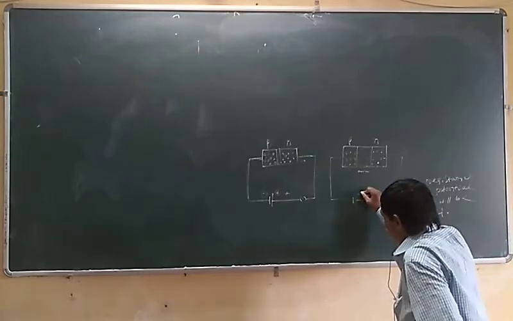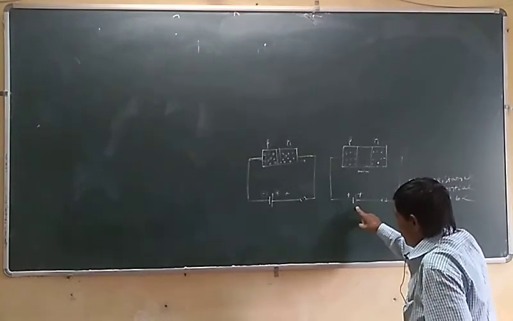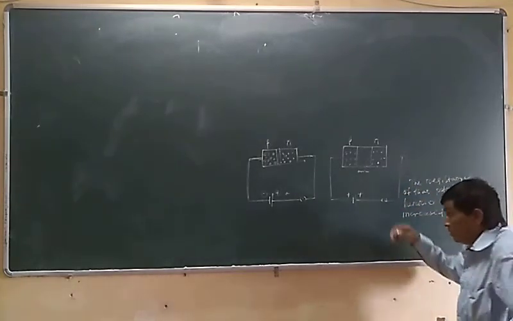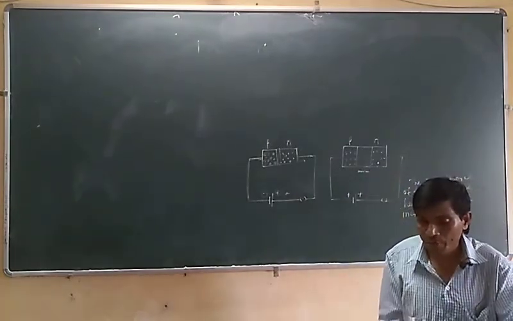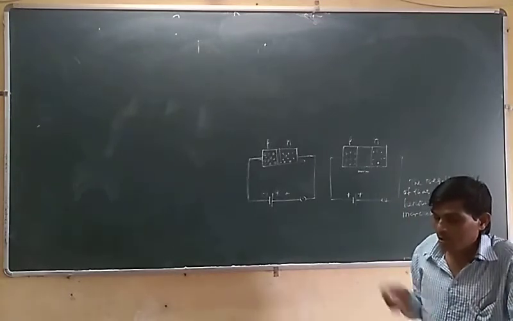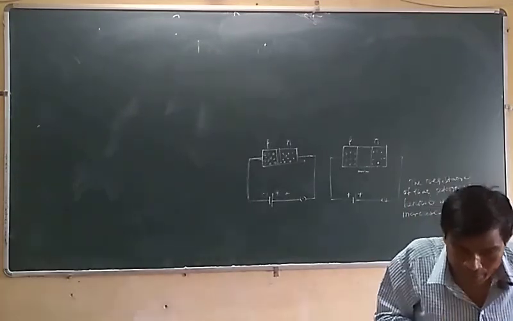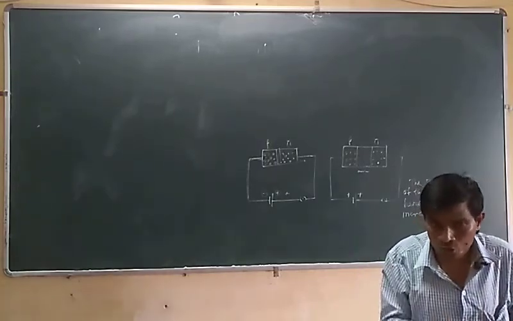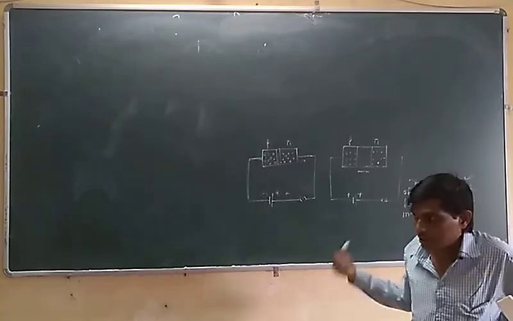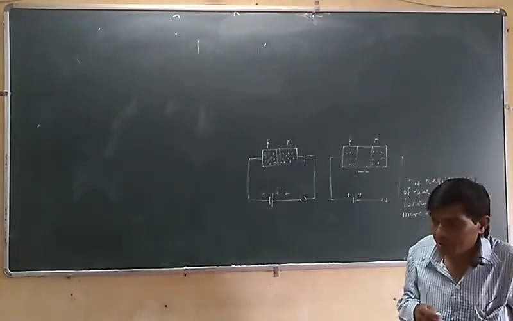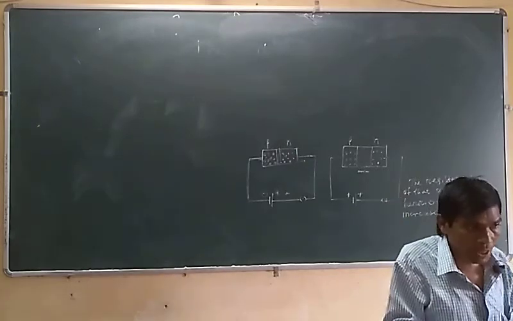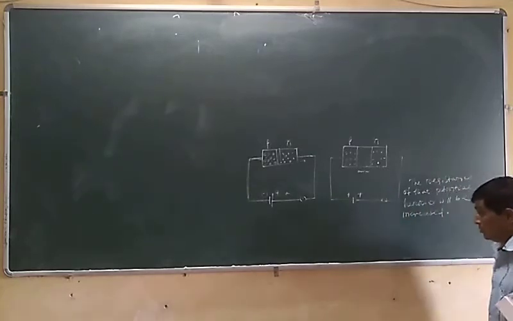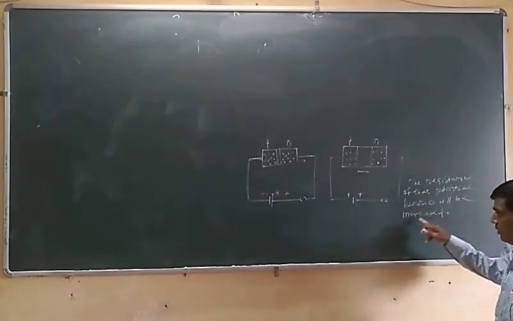So in this way, when the positive and negative of a battery are connected by this process, the depletion layer of the PN junction will be increased. The depletion layer increased, then the resistance of that junction will be increased. If the resistance of this junction increased, the current will not be allowed, because the resistance will be increased.